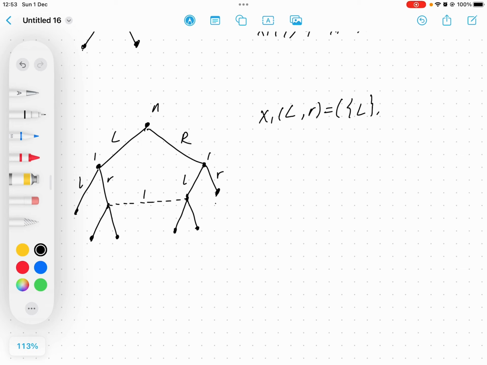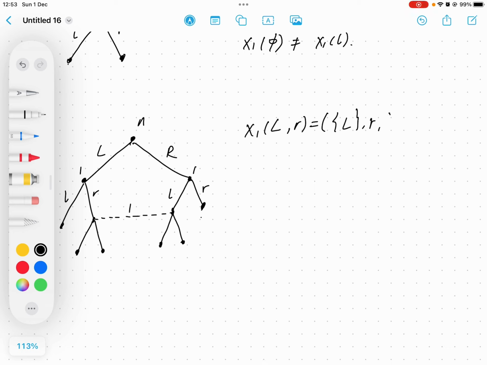So after this would be the information set, right? So the action that player one gets to choose is little r, and after choosing little r, then the information set becomes, for player one, LR and RL, right? So player one cannot distinguish between those two. Okay, so that would be X1 of LR.